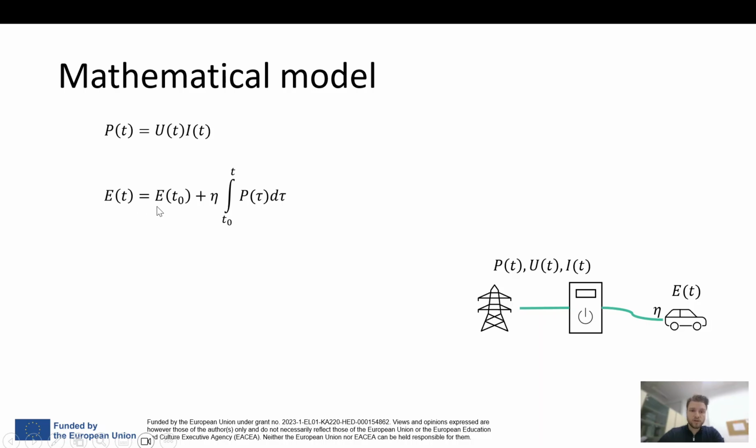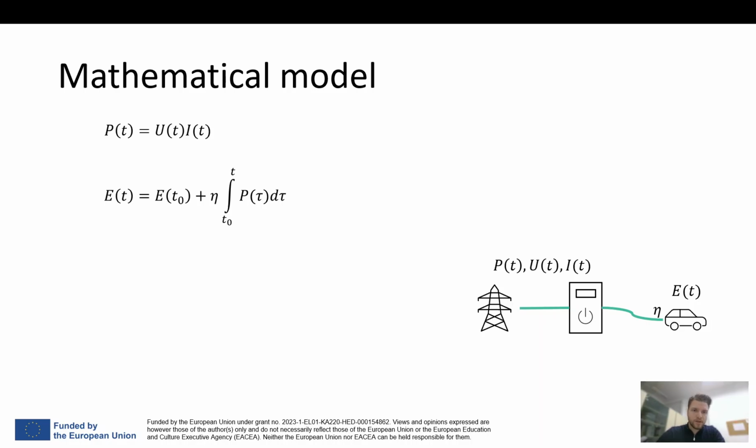This is equal to the energy that was accumulated in the battery at an earlier point in time when the charging started, which is t0, plus the charging efficiency times the integral of p dt from the point t0 when the charging starts until point t when the charging ends, or this t may also indicate the point in time right now.